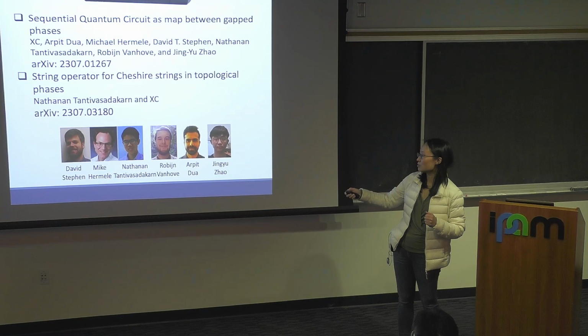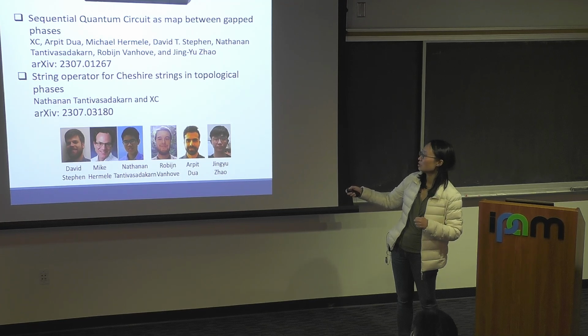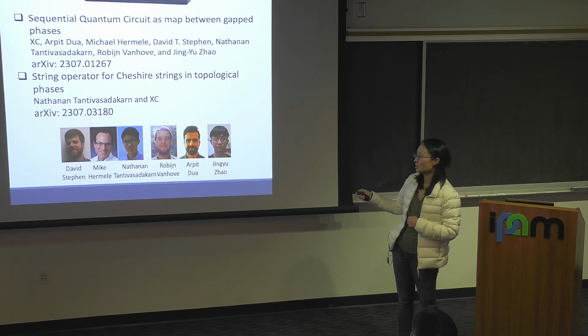And the second one is more related to the topic of this talk, which is to use sequential circuit as a way to generate non-trivial defects, in particular Cheshire strings and other kinds of defects in topological phases. So this is with just Nat and me.